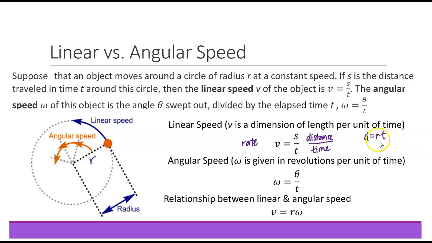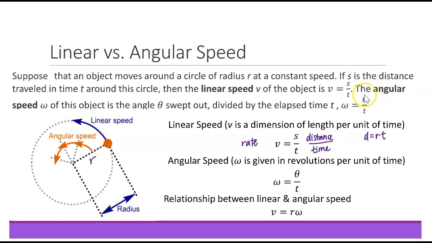But all I'm doing is solving for the rate and dividing by the time. So linear speed is coming from this familiar formula, distance equals rate times time. We're just moving things around a little bit. So it's the distance traveled by this point on the outside of the circle over the time that has elapsed.